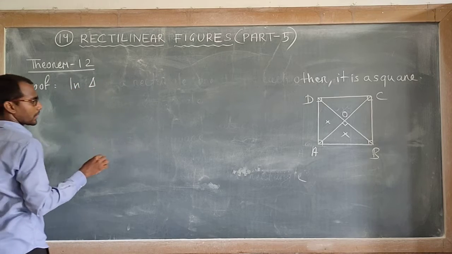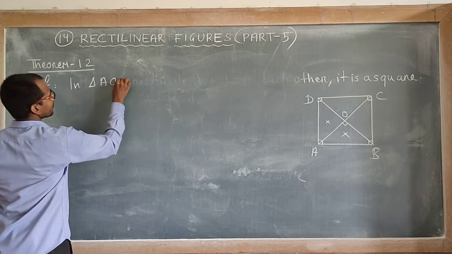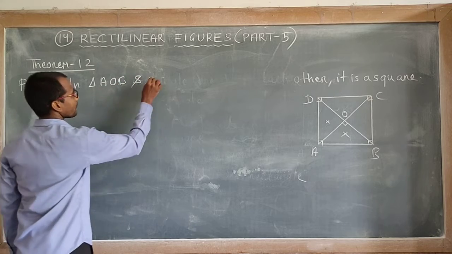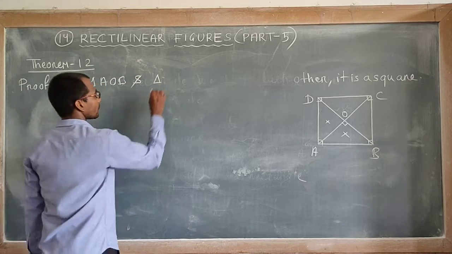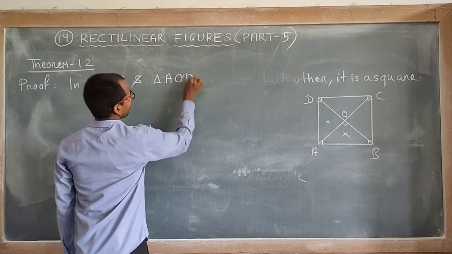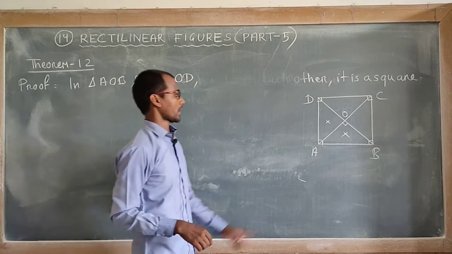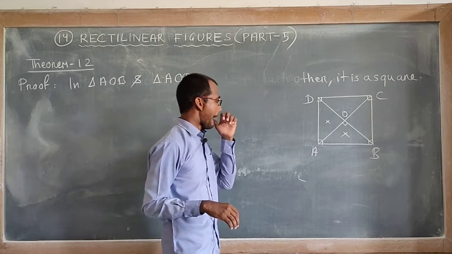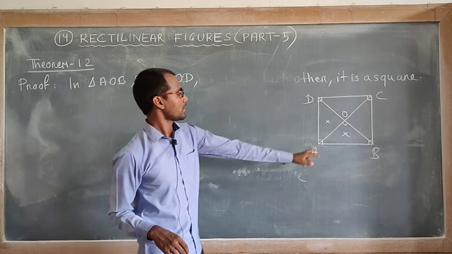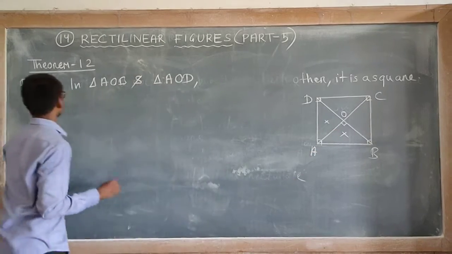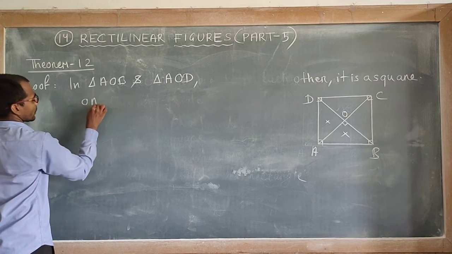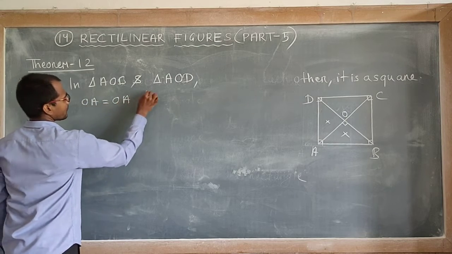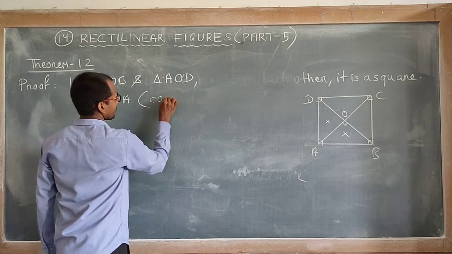In triangle AOB and triangle AOD, look at these two triangles. We will try to prove congruency. OA is common, as you can see in the diagram. OA is equal to OA.